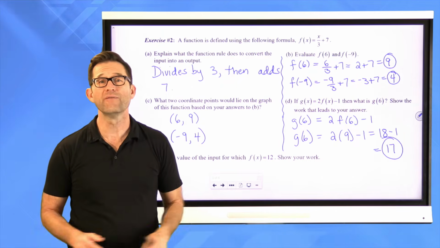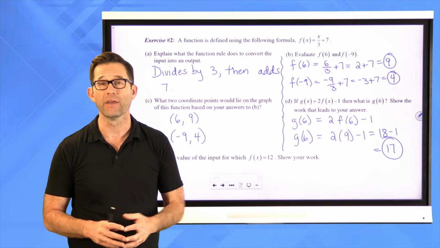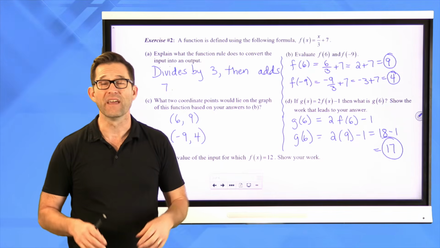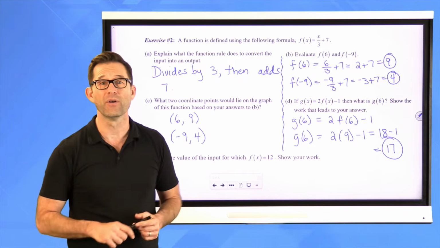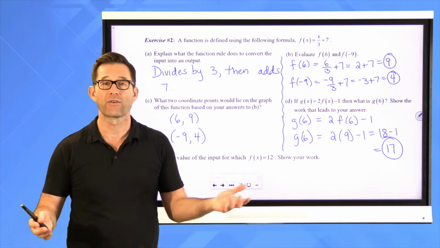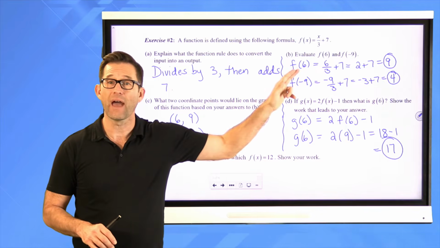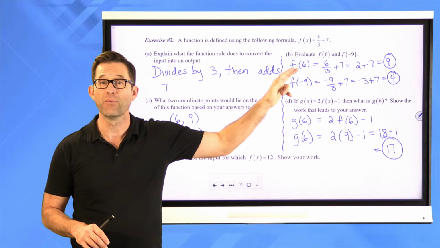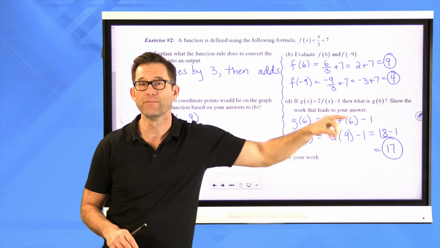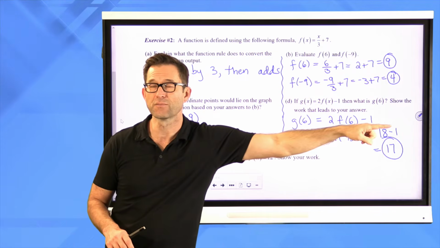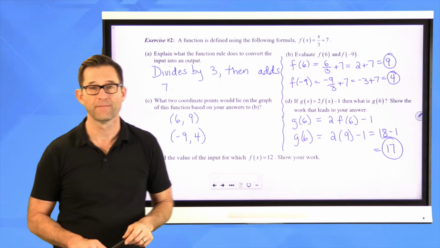At any input value, take 2 times the output of f for the same input value, and then subtract 1. Since I knew what the output of f was when the input was 6, all I had to do was multiply that output by 2, giving me 18, subtract 1, and giving me 17.